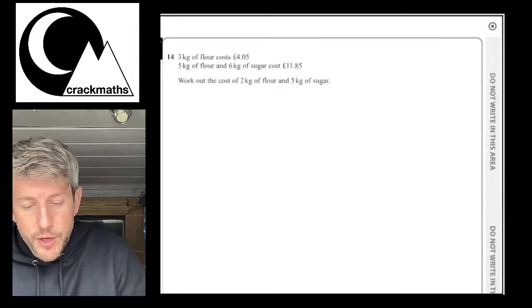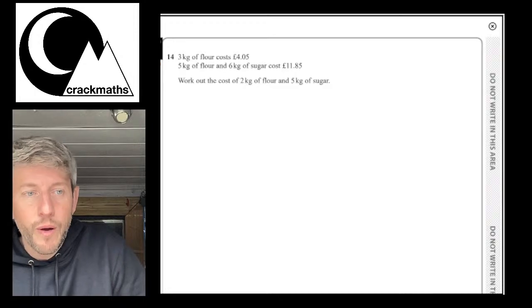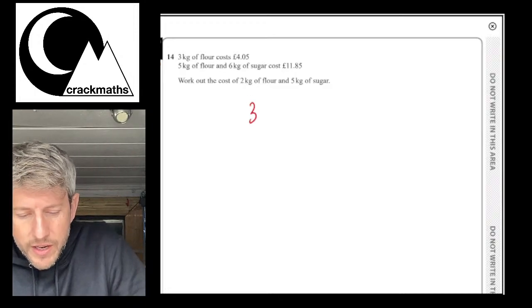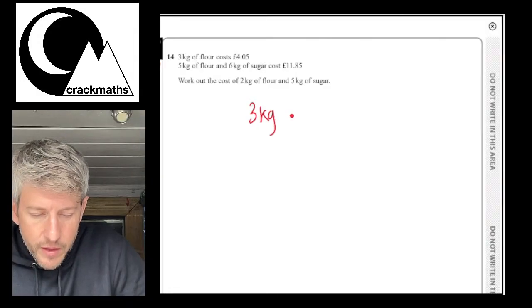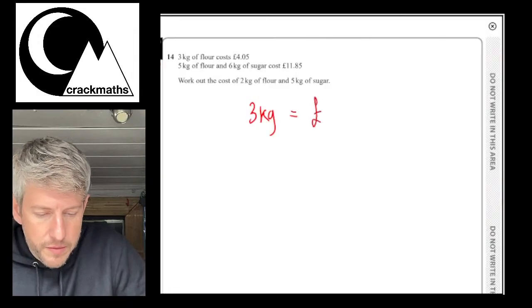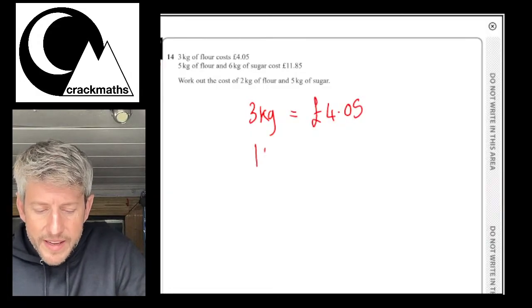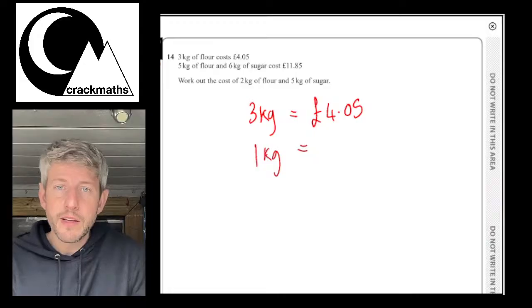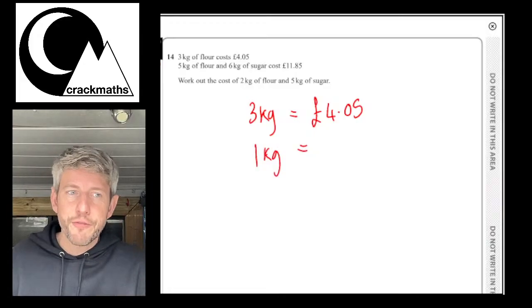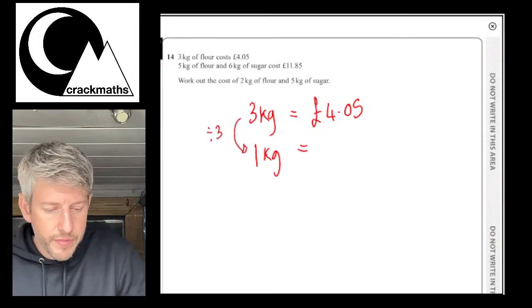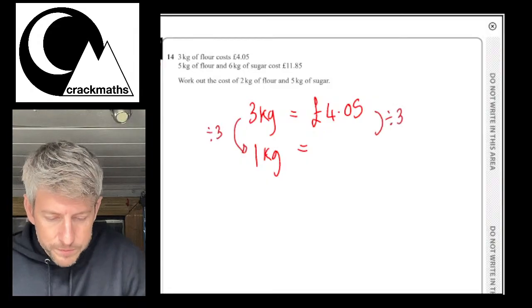And what we need to do is write the first bit out and work out how much 1 kilogram of flour costs. So if we know that 3 kg of flour equals £4 and 5p, I need to know what 1 kg of flour is. Remember, each kg of flour weighs the same. So I'm going to divide this by 3, and this by 3 as well.